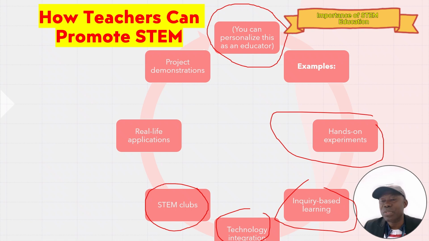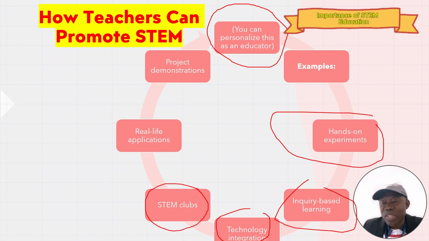You form STEM clubs. Some schools have STEM clubs. These clubs are special selected groups of students who come around and name themselves, we are STEM clubs. So they venture into hands-on activity beyond the classrooms.